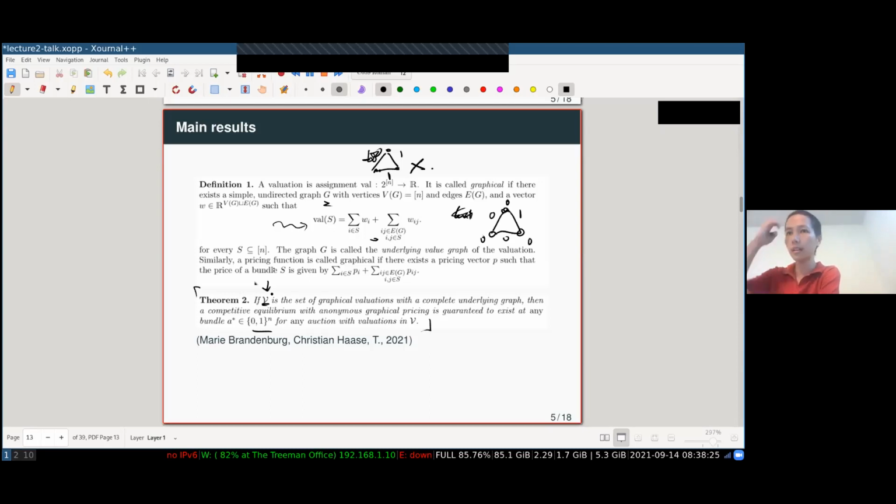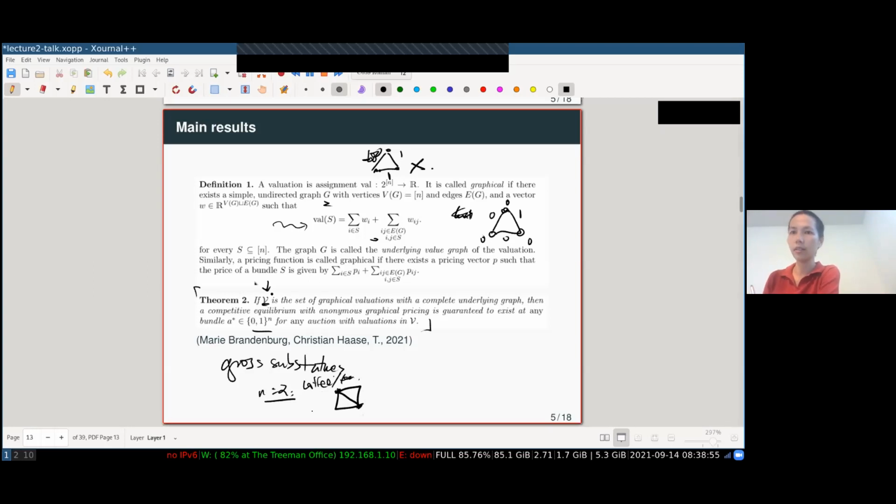But the other thing is that this class can model what's called, sorry, let me complete my sentence. In economics, there's this concept we saw before of gross substitutes, where when n equals 2, you have this coffee and tea picture where you tend to want one but not the other.